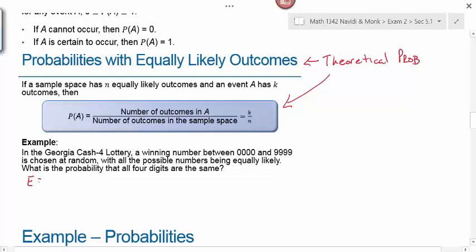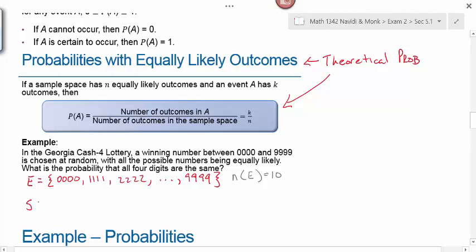In words, our event here is that all 4 digits are the same. So I could even list this out as 0000, 1111, 2222, all the way down to 9999. How many elements are in this event? How many of these numbers are there? 10. There's 10 numbers.